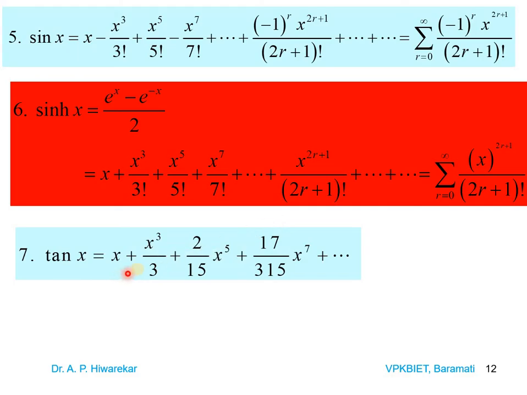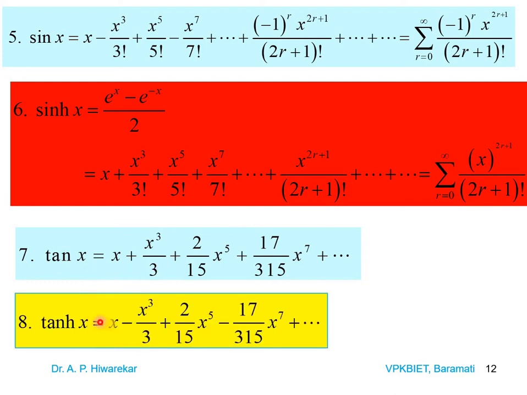Then similarly tan x. See the difference here. In tan every term is positive, whereas in sin and cosine functions, trigonometric, I mean to say, plus minus alternate. So tan x is x plus x cube by 3 plus 2 by 15 x to the power 5 plus 17 by 315 into x to the power 7 plus and so on. This series is also very important and you need to remember.